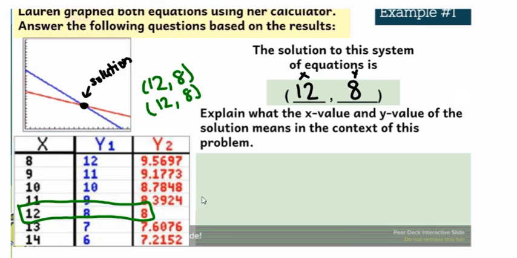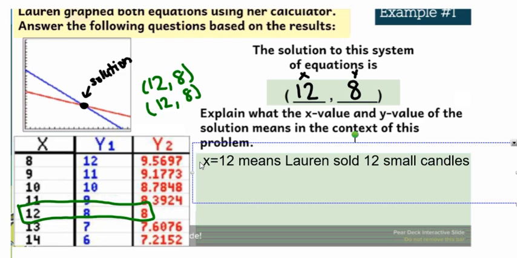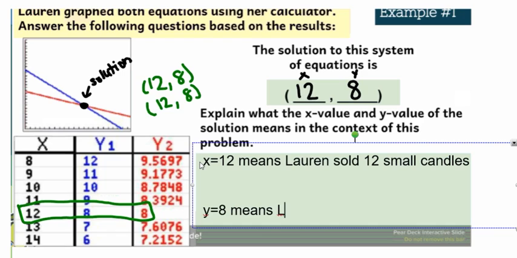Our X value is 12. So that tells us Lauren sold 12 small candles. And we're going to do the same thing for the Y value. The Y value is 8, and that means Lauren sold 8 large candles.